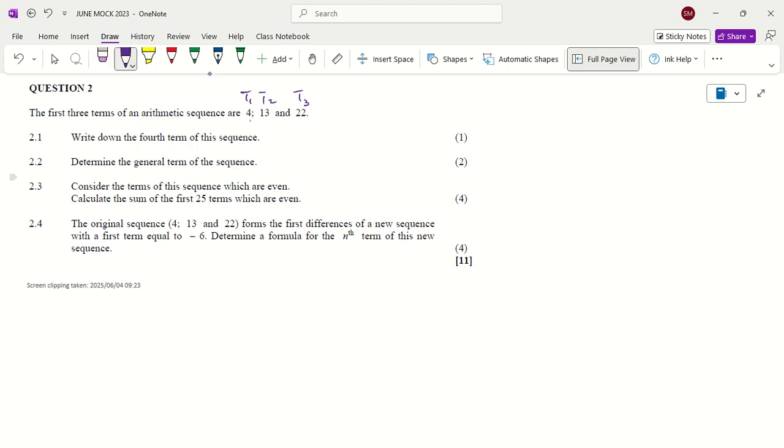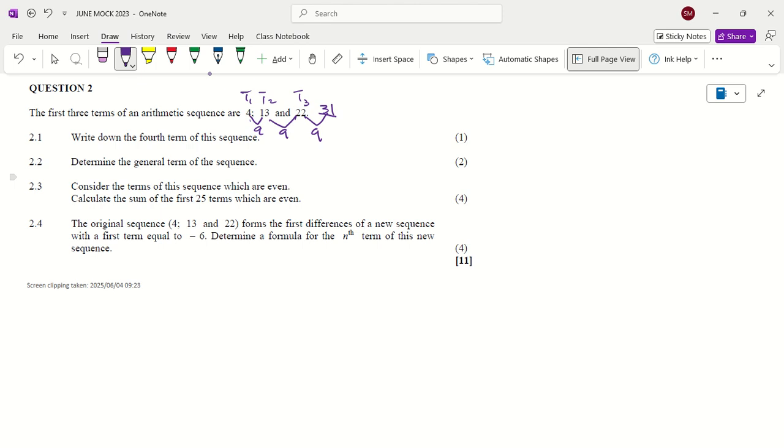So if it is arithmetic, then it means there's a difference, right? So the difference here, what is 13 minus 4? 9, right? So meaning also here, 22 minus 13 is 9, right? So meaning also we have to add 9 to term 3 to get term 4, right? So what is our 4th term? 31. Very simple, ne? Okay, sharp. And then we go to the next question.